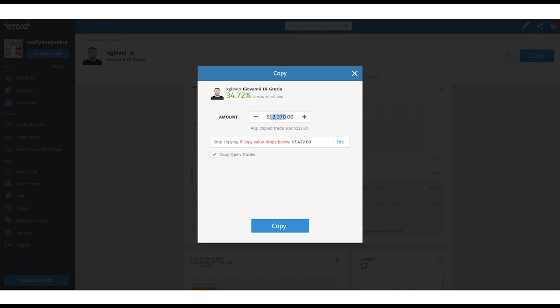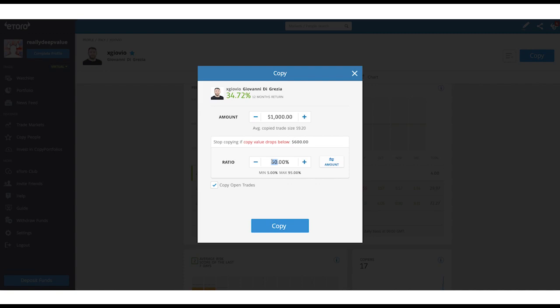But just to show you how you would open a copy, let's adjust the amount to 1,000. Let's change the stop-loss ratio.